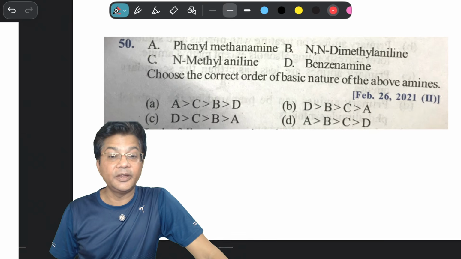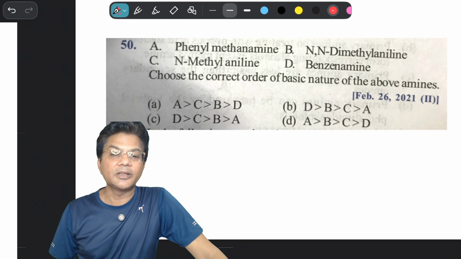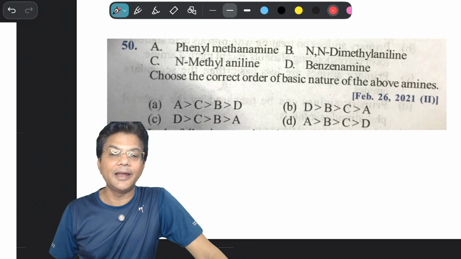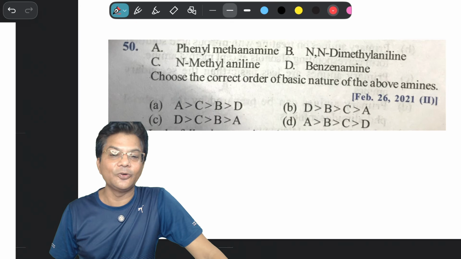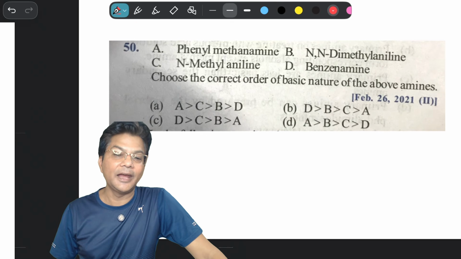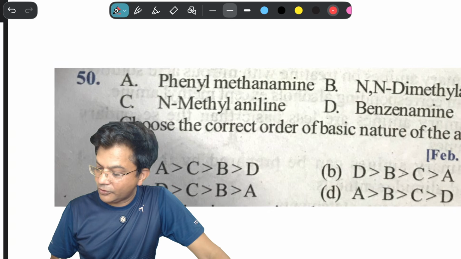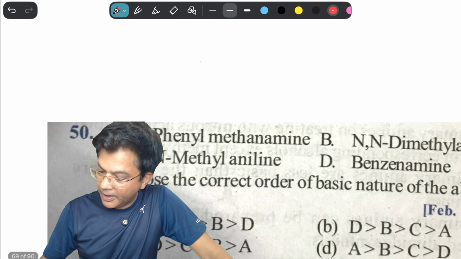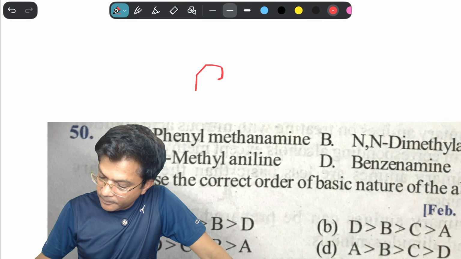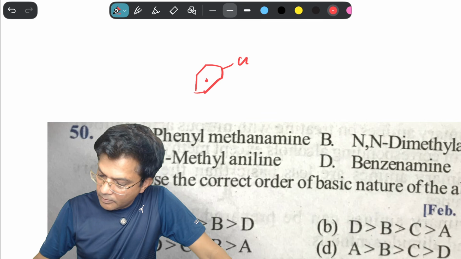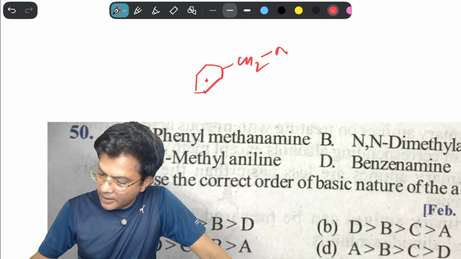Oh, they have given the names. Phenyl methylamine, N-dimethylaniline. Right now we have done this question. Benzenamine, N-methylaniline. So right now, if you remember the names, you can solve. Phenyl methenamine is benzylamine only.